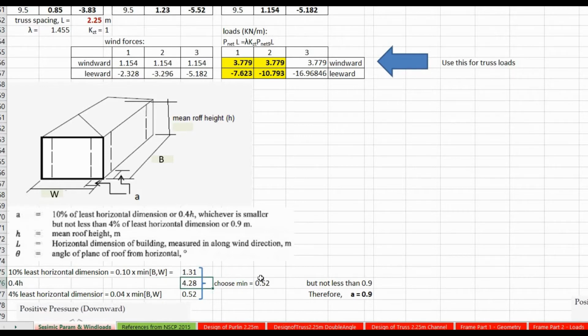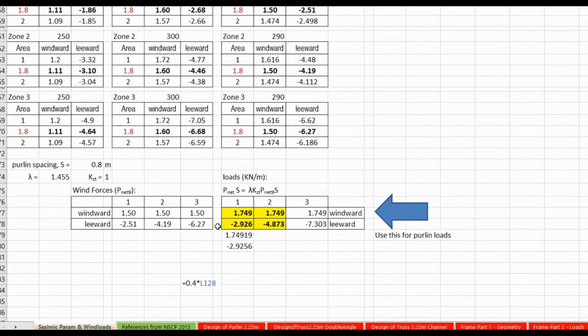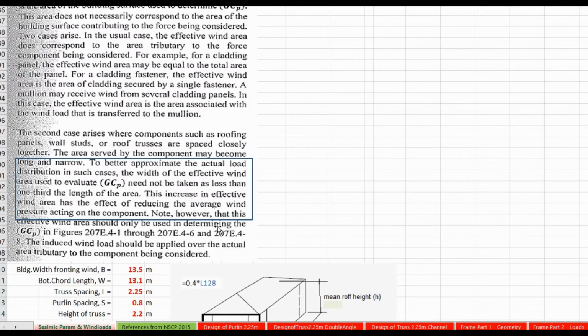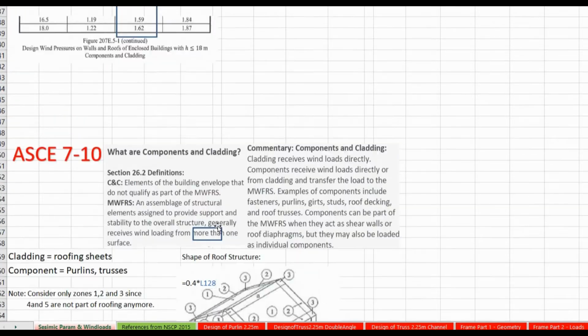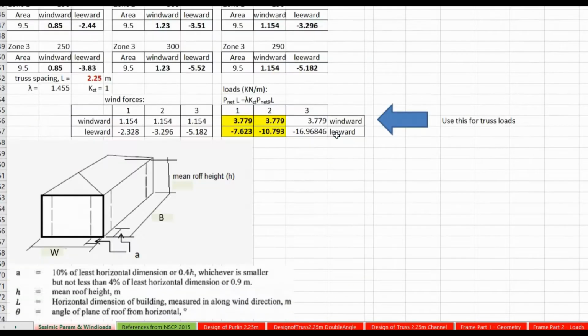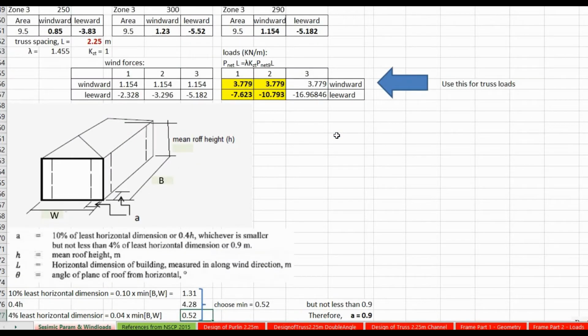Next is yung 0.4 H. So, 0.4 times H. Nasaan si H? Ayun. So, si mean roof height is 10.7. And you multiply that by 0.4, you get 4.28.